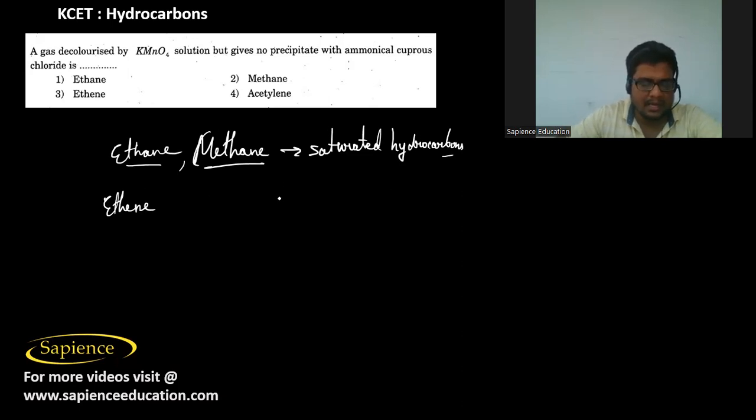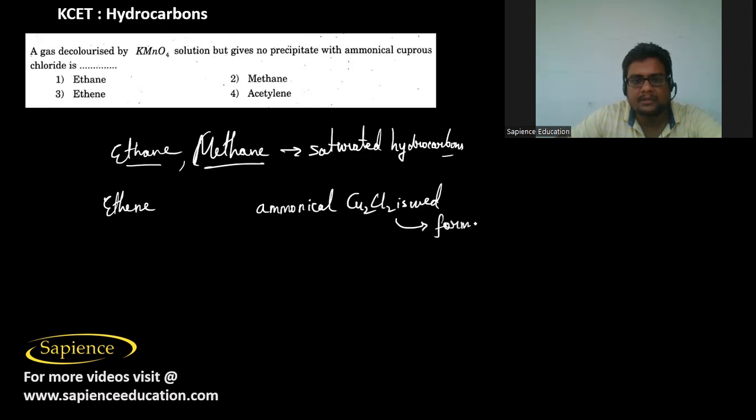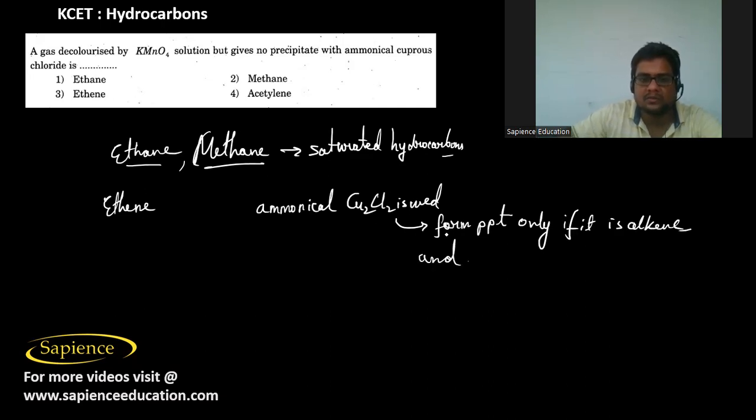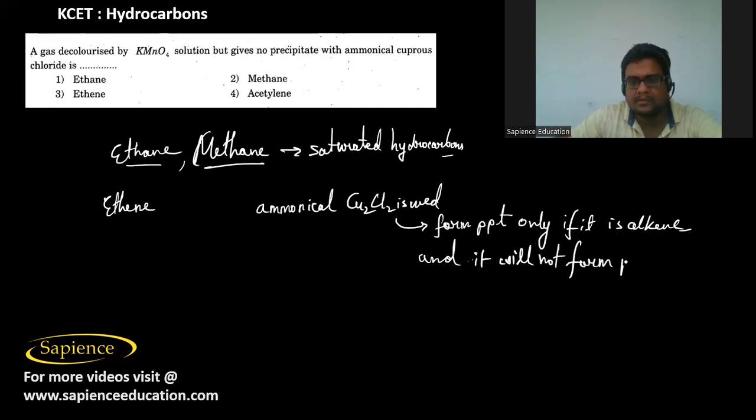But here, when ammoniacal cuprous chloride, Cu2Cl2, is used, it will form a precipitate only if it is a terminal alkyne, and alkene will not react with ammoniacal Cu2Cl2, so it will not form a precipitate with alkene.